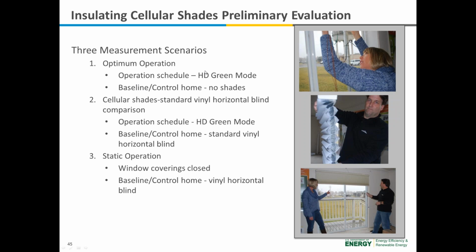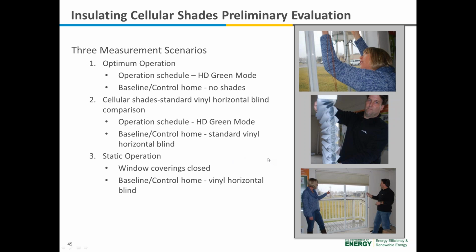During the optimum operation, we had the Hunter-Douglas shades operated to the HD green mode, and the baseline home had no window attachments at all. So what is the added benefit, or what is the reduction in HVAC load that we can see for that? The second one was cellular shades compared to standard vinyl horizontal blinds.